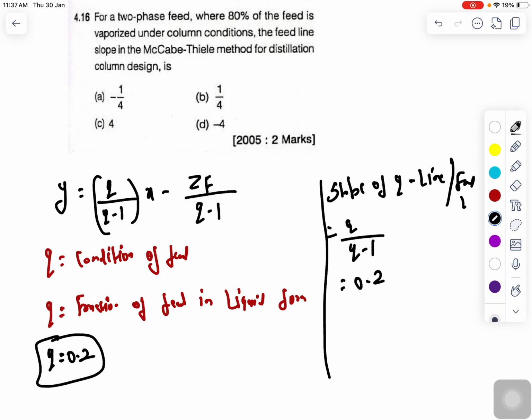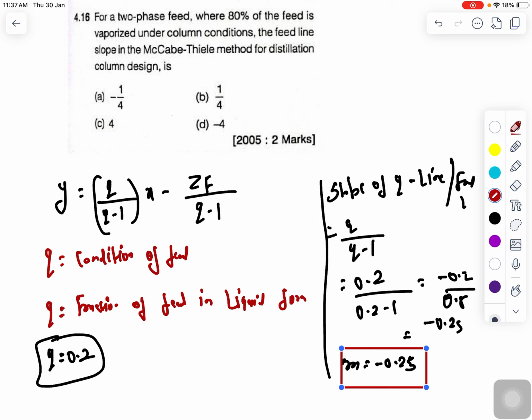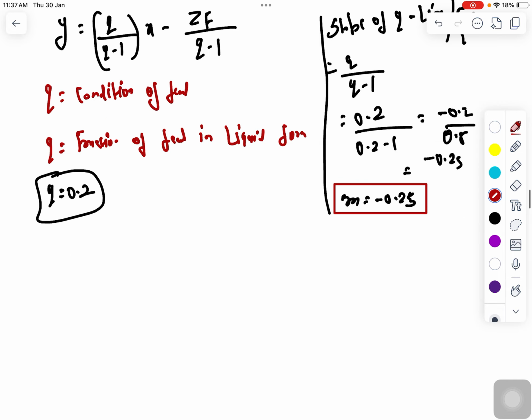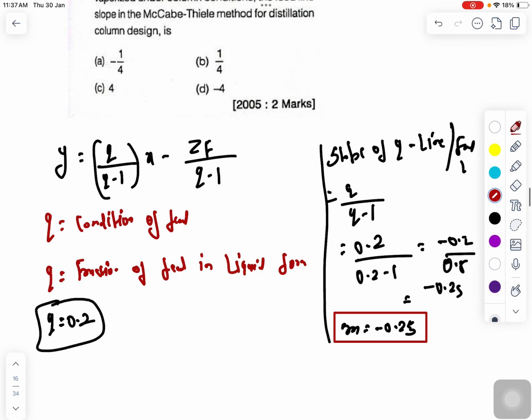So if you substitute, 0.2 divided by 0.2 minus 1, that is 0.2 divided by minus 0.8, which is equal to minus 0.25. So slope is equal to minus 0.25. Is that clear? Okay, so with that we got the answer, that is minus 0.25.